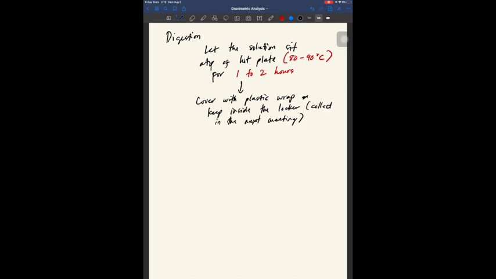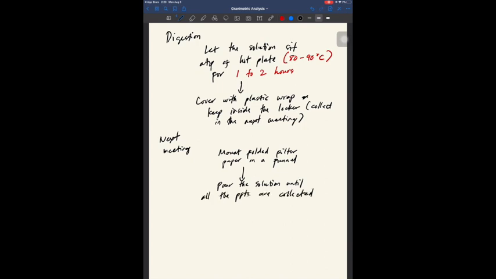Okay, in the next meeting, what's being done here is the precipitate is being collected. So the first thing that we have to do is to mount folded filter paper on a funnel and pour the solution until all the precipitates are collected. So when all the precipitates are collected, test for presence of chlorides.